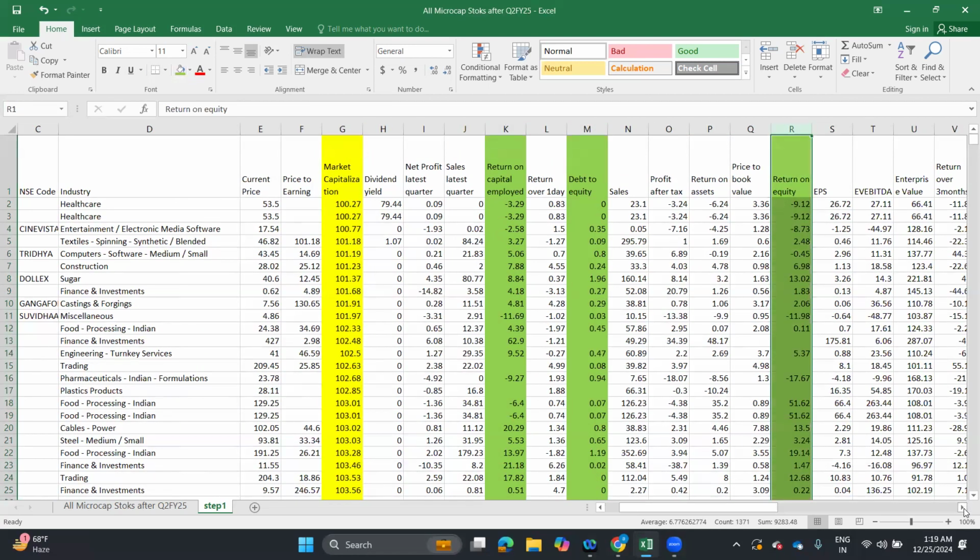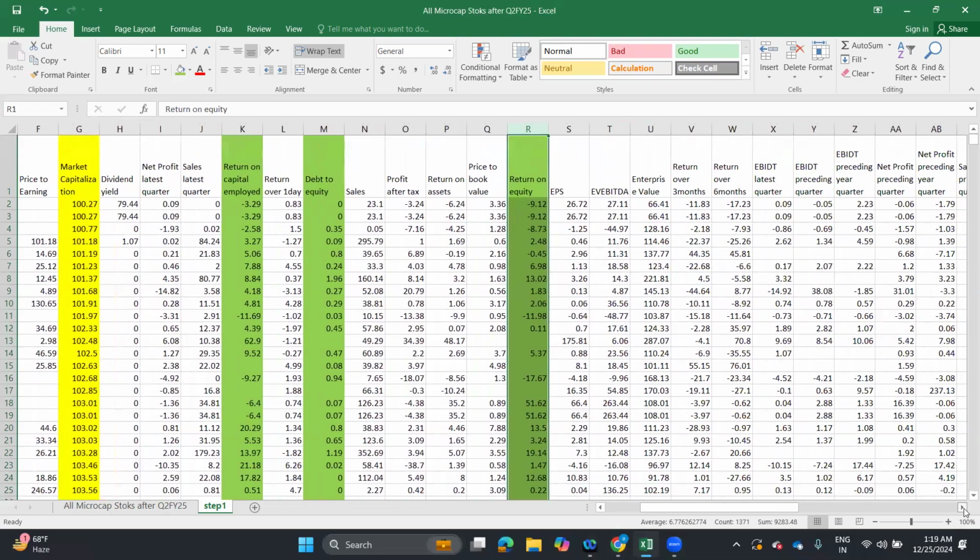Okay. I'm not considering any valuation parameter because there are various sector companies. So comparing stocks which belong to various different categories, various different segments, or let's say various different industries does not make sense.